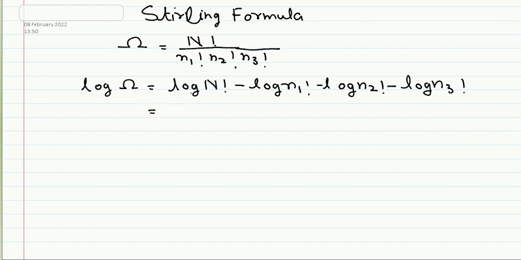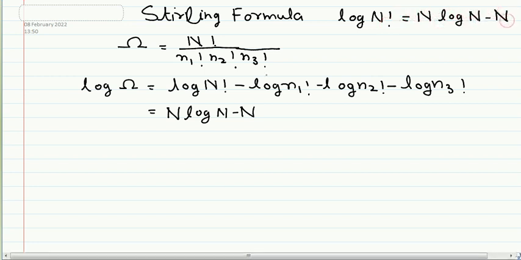The formula for log n factorial, and this is the Stirling formula, is that log n factorial is equal to n log n minus n. So in this way we can write all these factors, minus n1 log n1 minus n1, and then minus n2 log n2 minus n2, and so on.